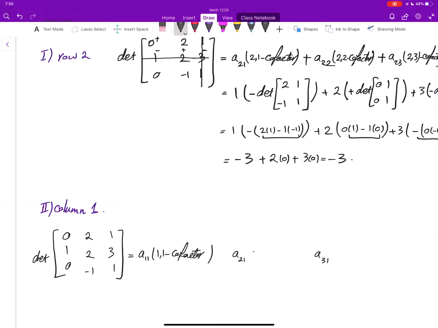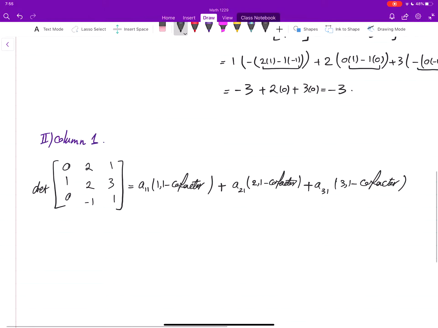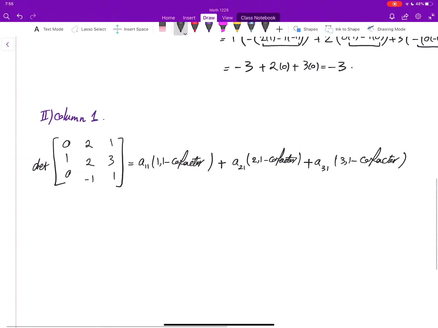So multiply each one by, yes, so this is cofactor 2 1 cofactor, and this is 3 1 cofactor. When you're done with that, you add all these products, yes? So in this case, what we have is A11 is 0. So then the cofactor.